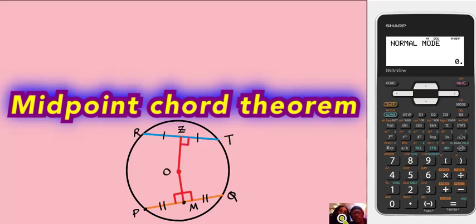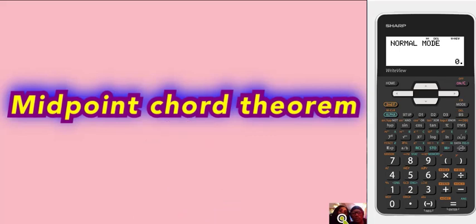It will be perpendicular to the chord. Now, I'm going to say it the way they say it. They say this: a line drawn from the center of the circle to the midpoint of a chord is perpendicular to the chord.